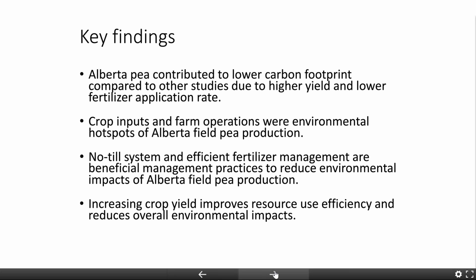In some instances, we know that producers are actually loading up their phosphorus levels in soils in the year they grow peas, because sometimes when you're following peas with wheat or canola, they are high phosphorus users as well.